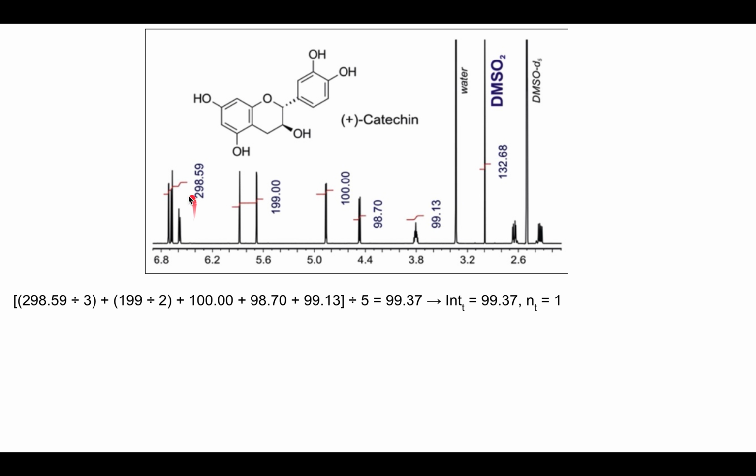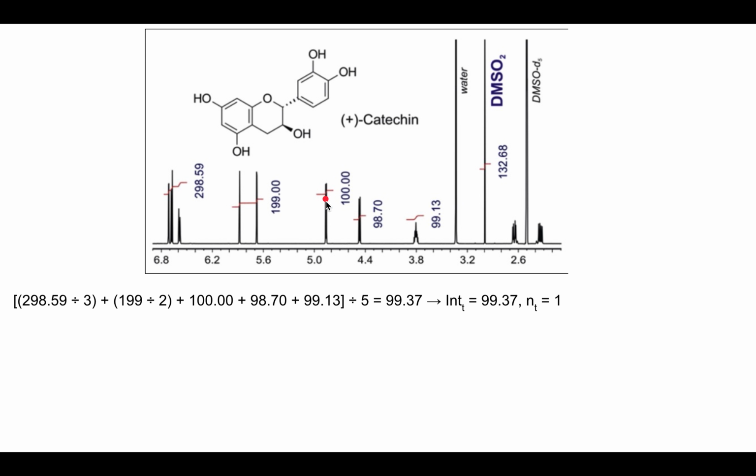So this signal is comprised of 3 protons, and you can determine that by looking at this integration line right here. Every time there's a step that indicates 1 proton, and in this case there are 3 protons. So in order to find the normalized integral, we would take 298.59 and divide it by 3. There are 2 protons in this integration line, so we take 199 and divide it by 2.